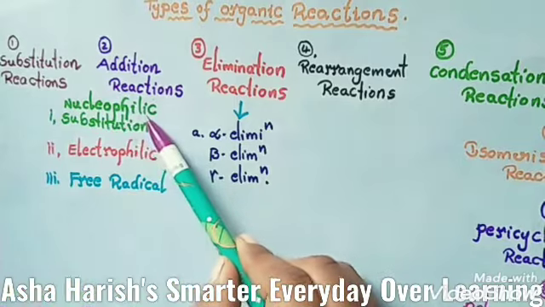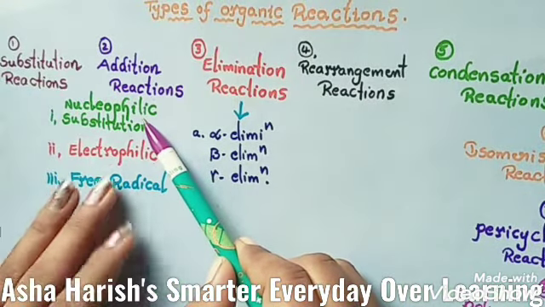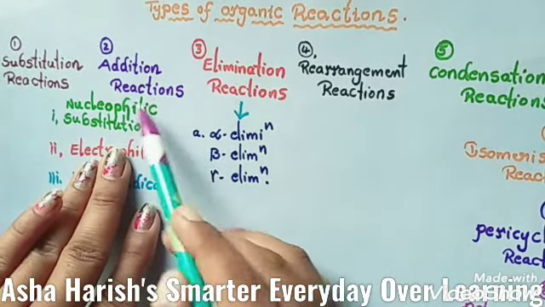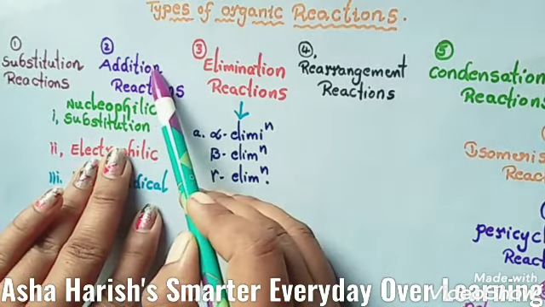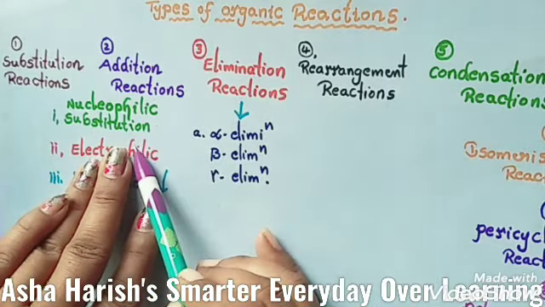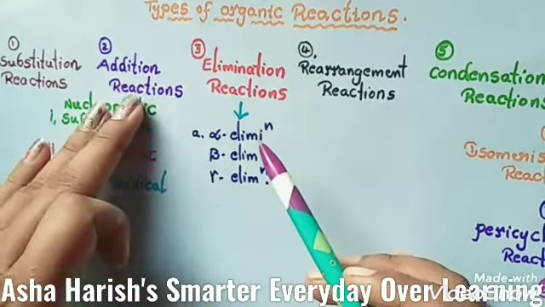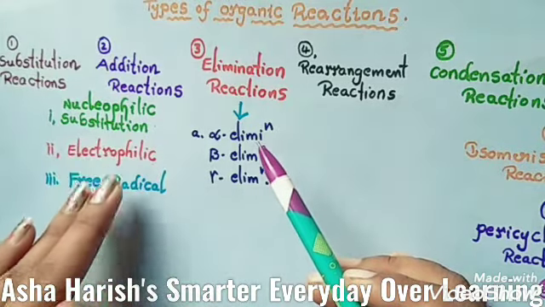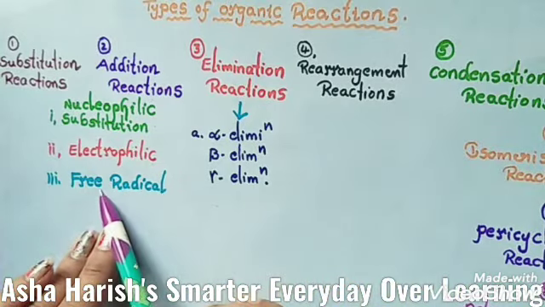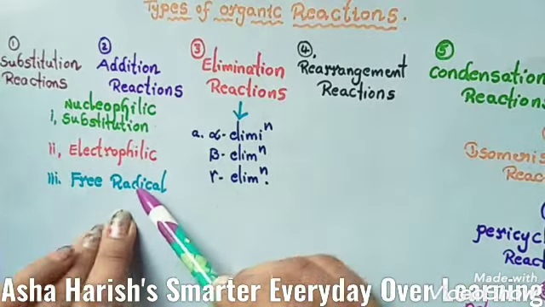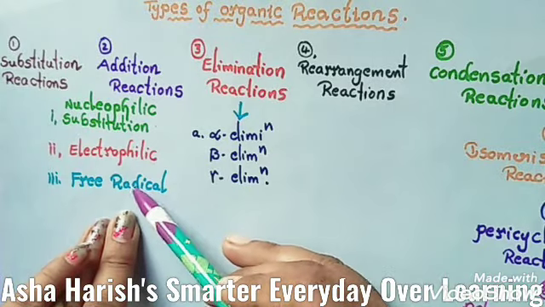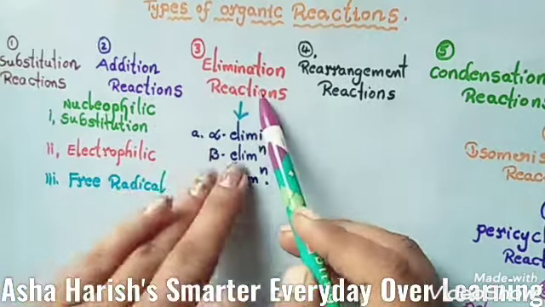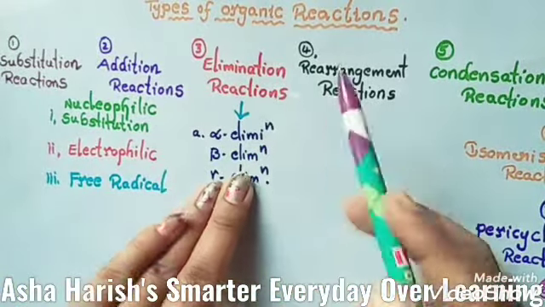If it is a nucleophilic addition reaction, the addition reactions brought about by nucleophiles are known as nucleophilic addition reactions. If it is electrophilic addition reaction, the addition reactions brought about by electrophiles are called electrophilic addition reactions. Free radical addition reactions are the reactions brought about by free radicals.